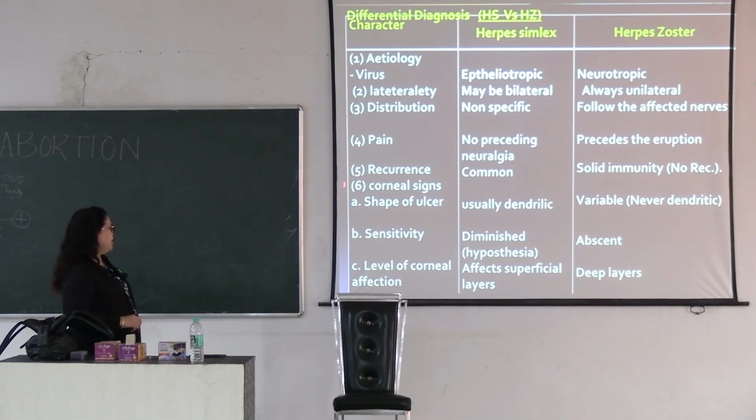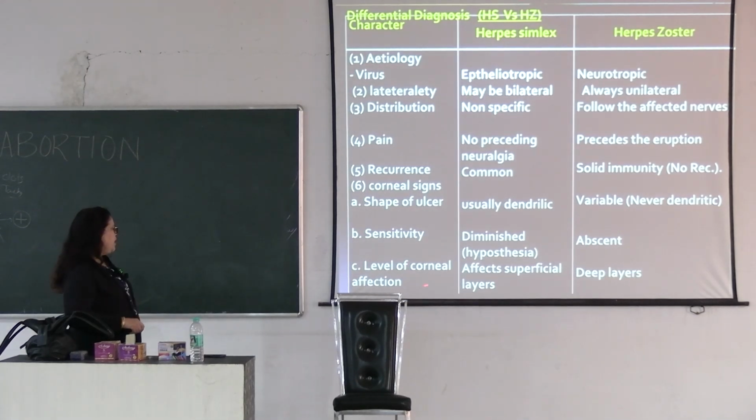Then corneal signs, meaning involvement of the cornea, that is the ulcer: in simplex the shape of the ulcer is dendritic, and in zoster there is no specific shape. Sensitivity: in simplex the sensitivity is diminished, but in zoster sensitivity is lost because nerves are damaged.